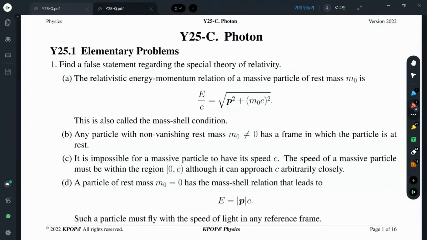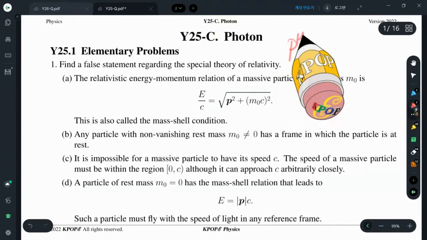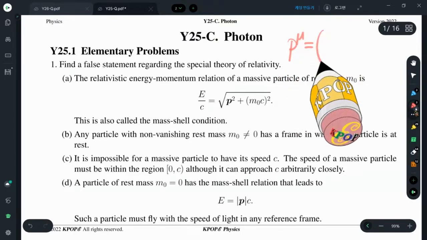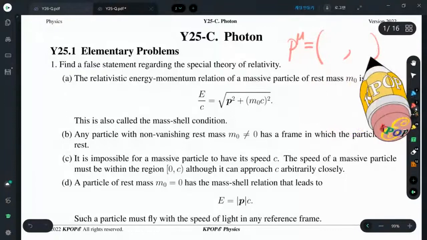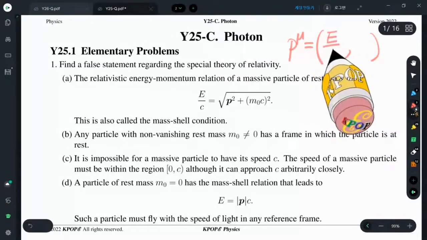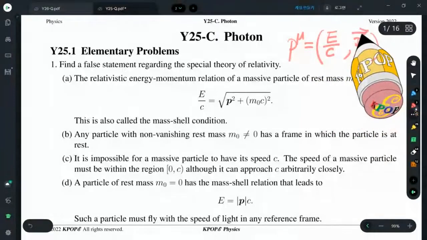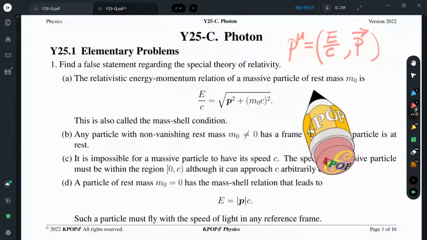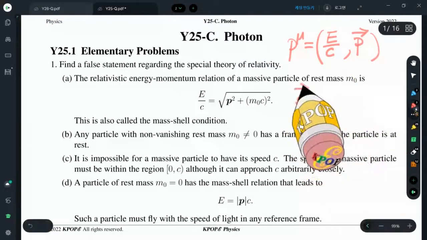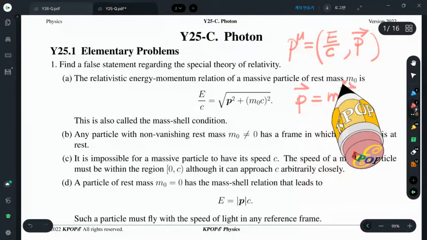In the previous class, we learned that the full momentum consists of 4 components. The first component is E over c, and the spatial component is p, and p is mass times velocity.